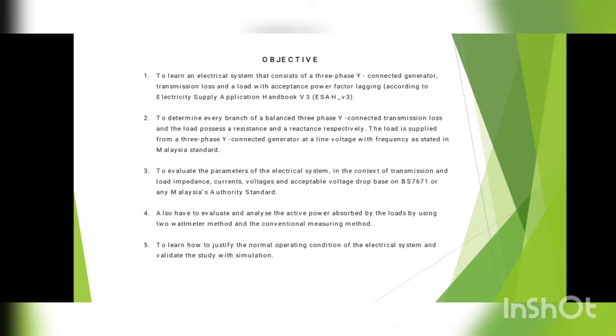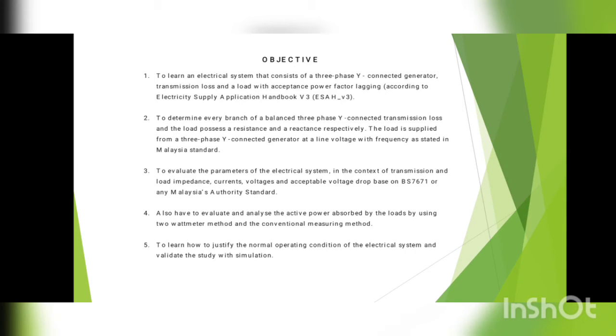Second, to determine every branch of a balanced three-phase wire-connected transmission loss and the load possessing a resistance and a reactance respectively. The load is supplied from a three-phase wire-connected generator at line voltage with frequency as stated in the Malaysian Standard.